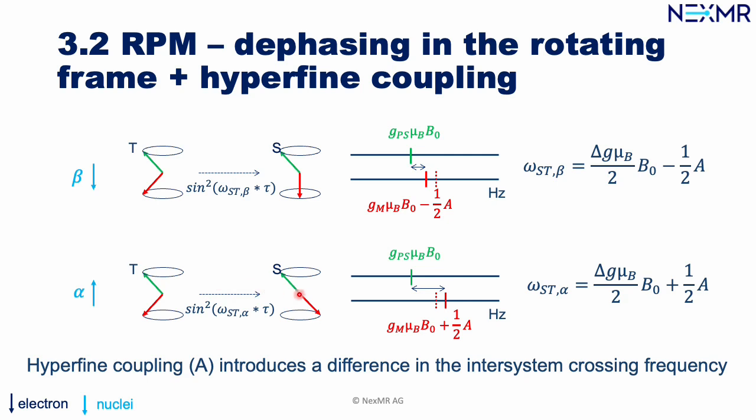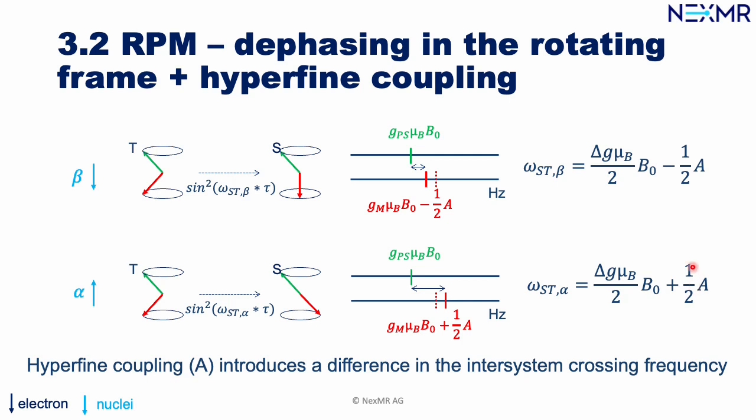So it dephases faster than for the beta spin. And it also appears in the formula of the frequency of triplet singlet mixing. For an alpha spin, you have the initial frequency due to the G factor difference plus the contribution of the hyperfine coupling. So here you have minus 1.5 and here plus 1.5.